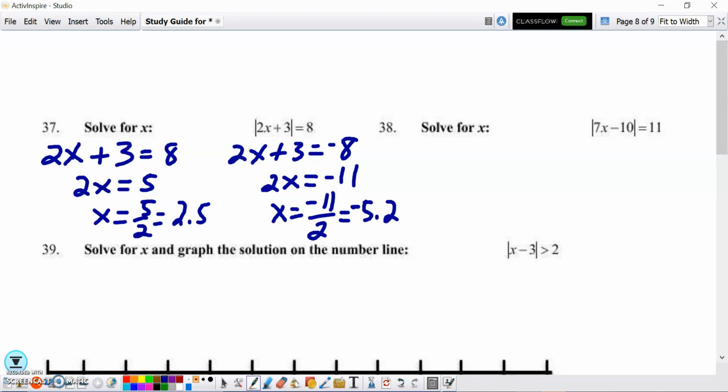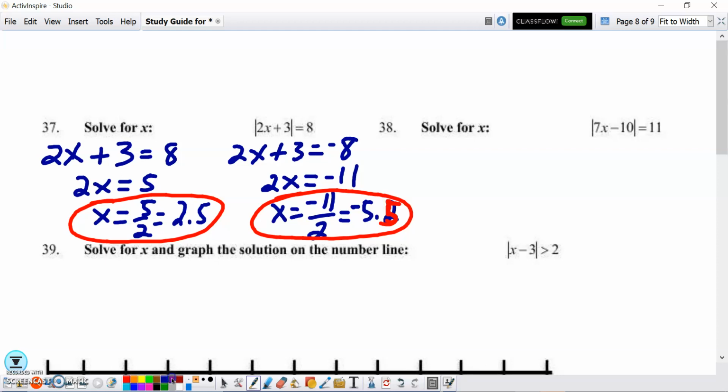Okay, check both of them, they work. I don't have room for that check step, but if you plug 2.5 in, you'll end up with 8, and if you plug in the negative 5.5, it will also work.